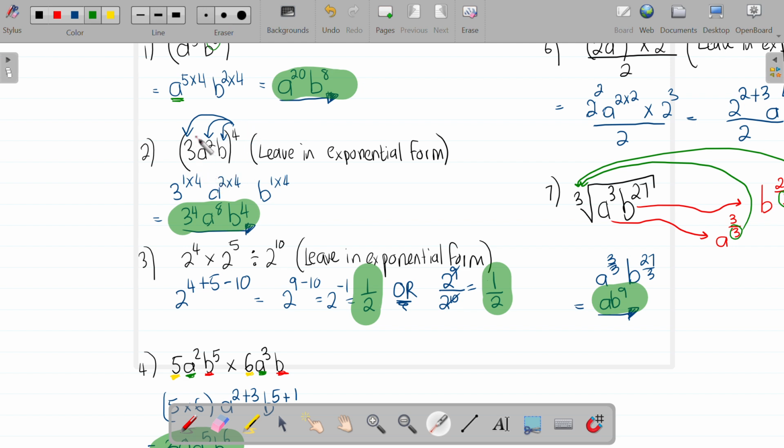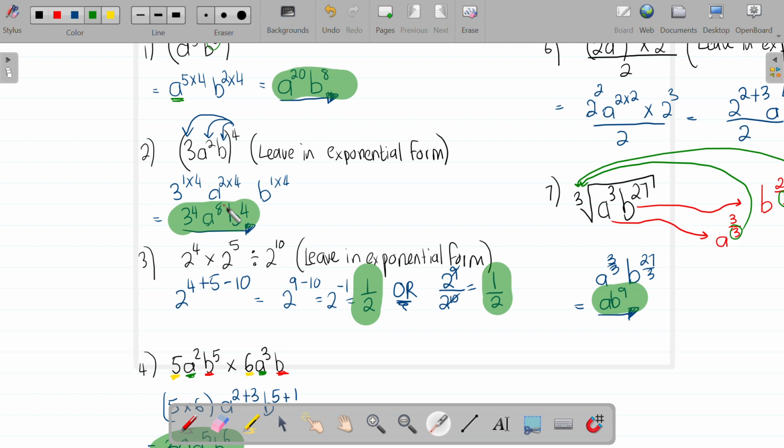Firstly, for the exponent of the 3, there's an imaginary 1 here. So we're going to say the imaginary 1 times 4 coming from here. And then the a, it's going to be 2 times 4. And then the b, there's an imaginary 1 again over here. That's why I wrote 1 over there. And we're going to multiply it by 4.